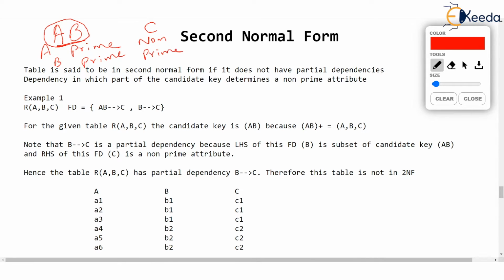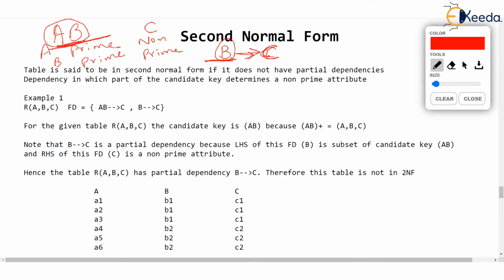Now what is the dependency you have? B determines C. Now have a look at the left hand side. Isn't this B a subset of AB, which was the candidate key? So B is a prime attribute, but we don't have the complete candidate key on the left hand side. We have a subset of the candidate key, that is B. And more to come, the right hand side C is a non-prime attribute.